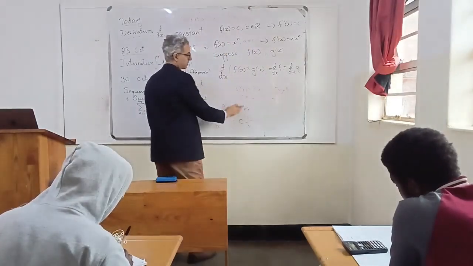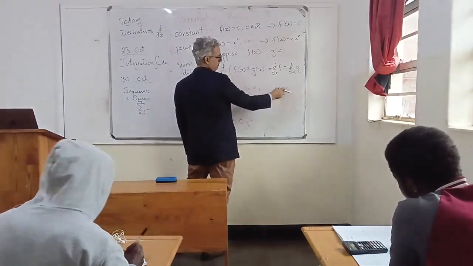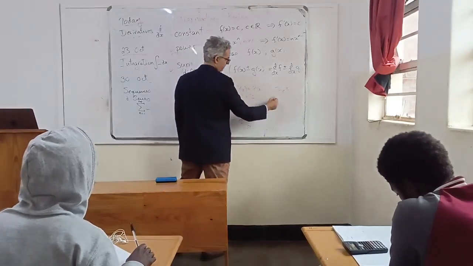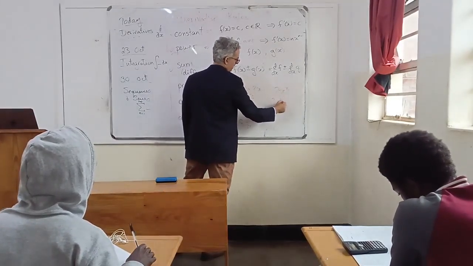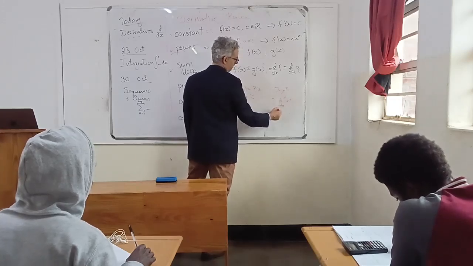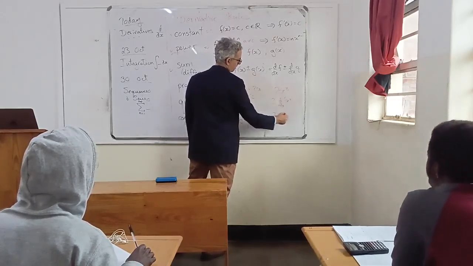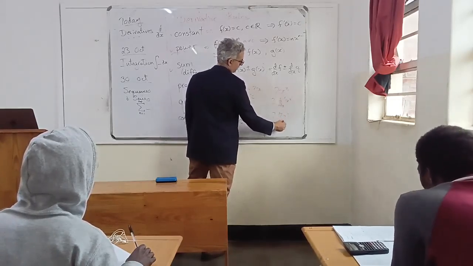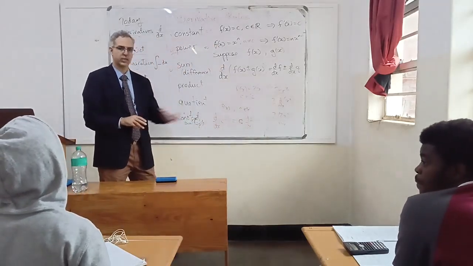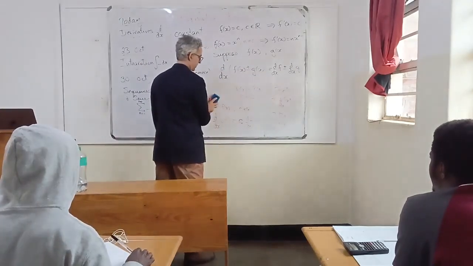But if the constant is multiplying a function, 2 times something of x, then the 2 sits by itself, 2 times d by dx of x squared, which is 2 times 2x, and so I get 4x. Yeah? So we did it already. I just wanted to write it for completeness.